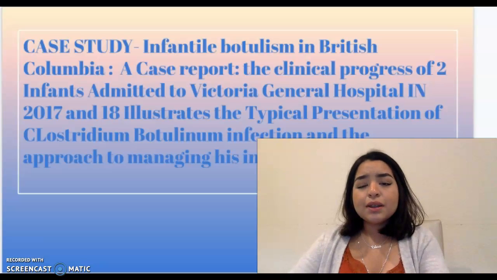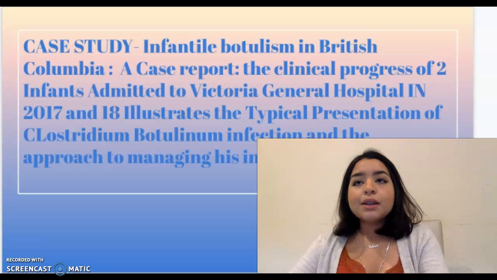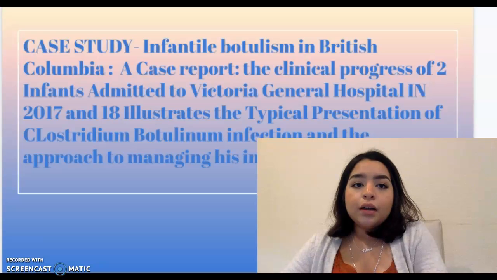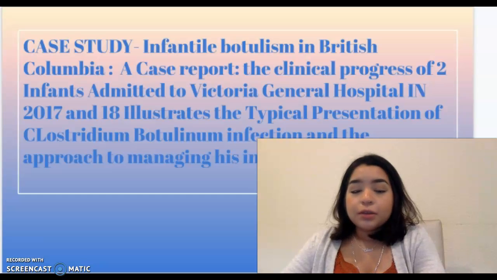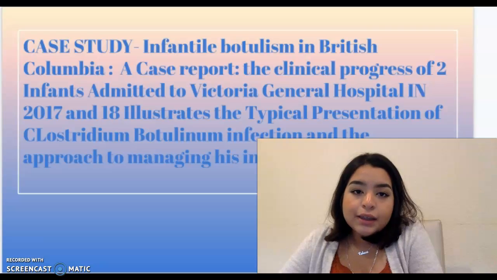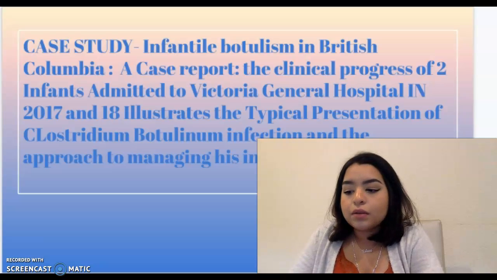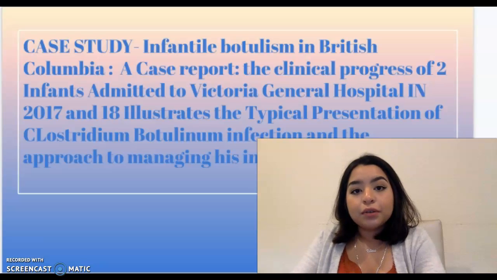The diagnosis was more challenging in this case because botulism in babies is already very rare, and in Canada it was almost unheard of. With the large number of confounding factors, it was a little more challenging to diagnose. However, both babies ultimately recovered fully.